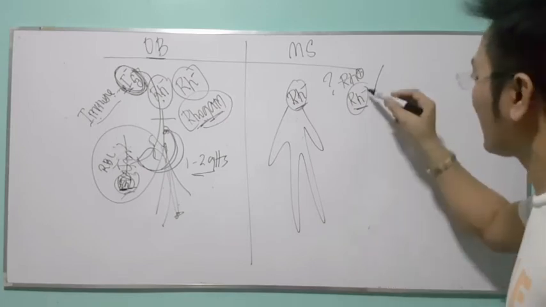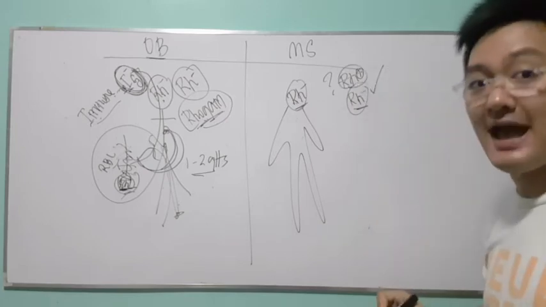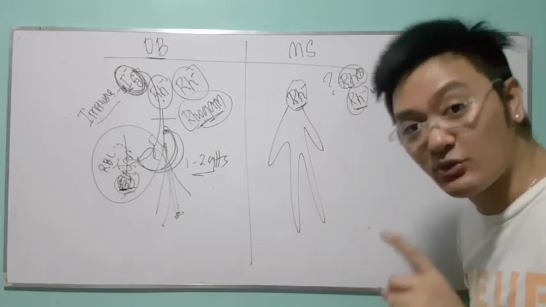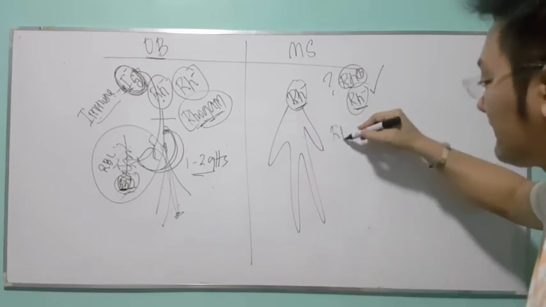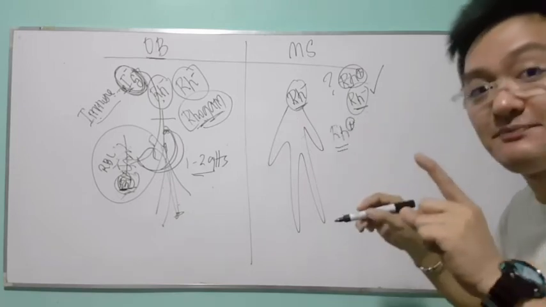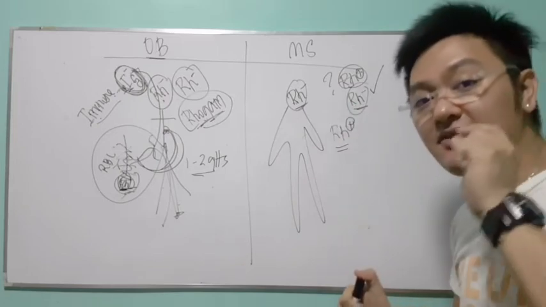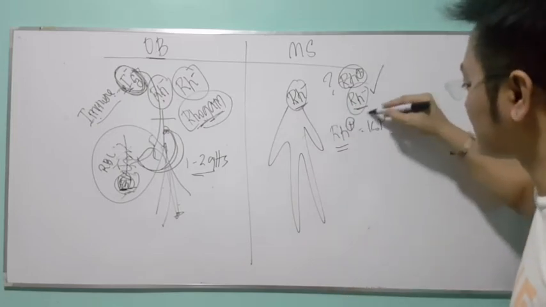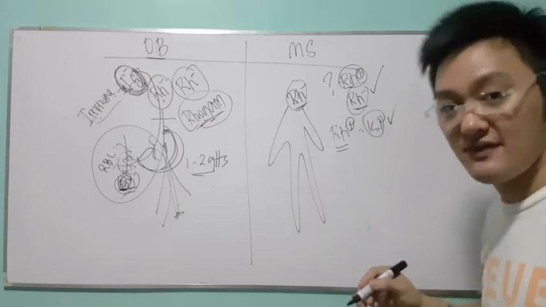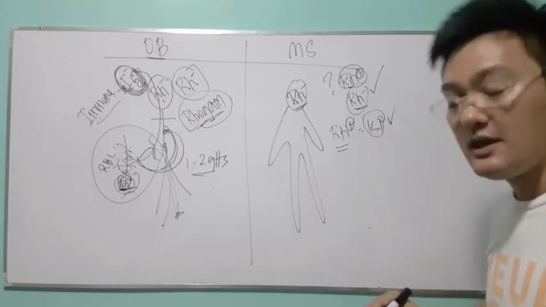Correct. You really cannot give Rh positive. Actually, you can. But here's the rule. You can give Rh positive blood to an Rh negative patient provided that it is his first time to receive Rh positive blood.